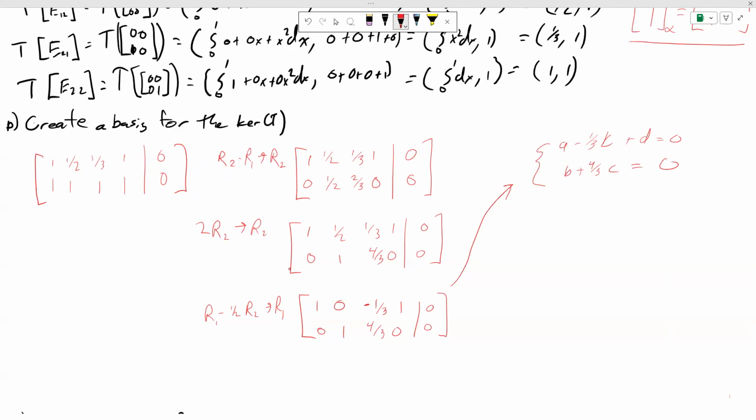And now that we have our equivalent system of equations for our solution space to this homogeneous system of equations, let V be in the solution space.